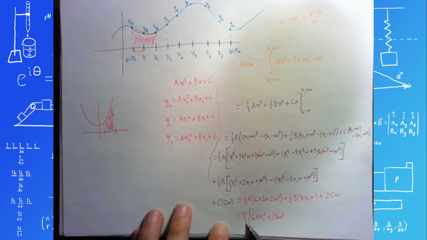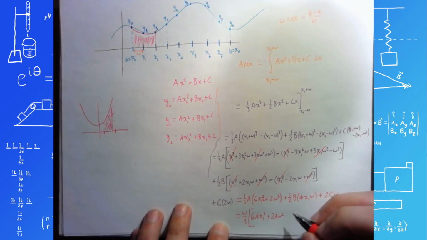The 1/3 is already factored out, and I took out a w, so just distribute the a onto what's left. Yeah, there we go.